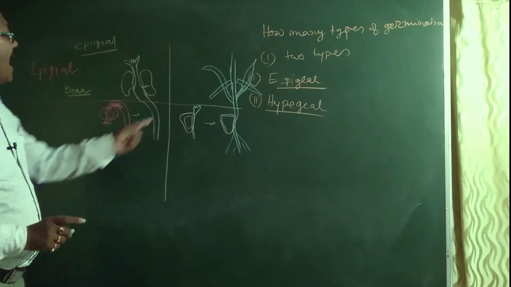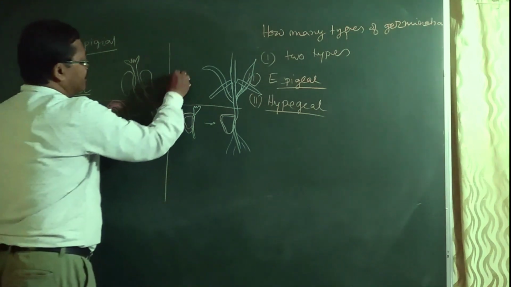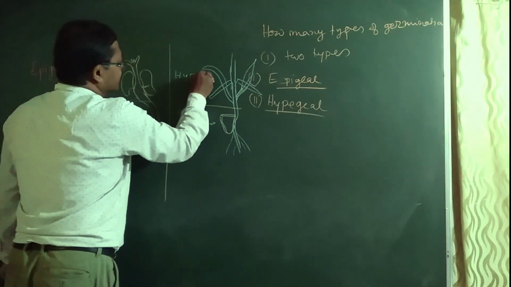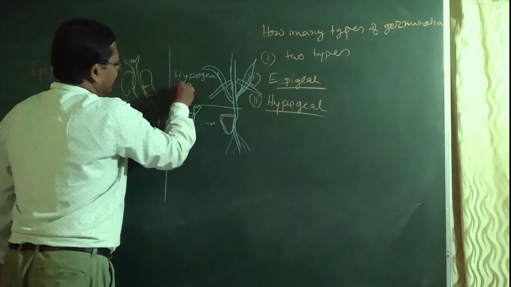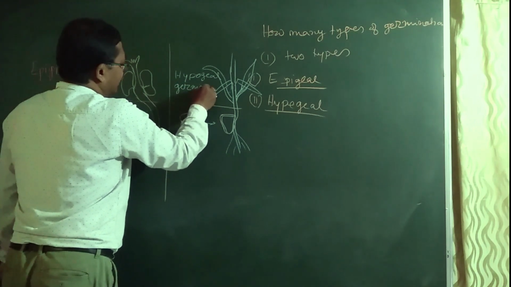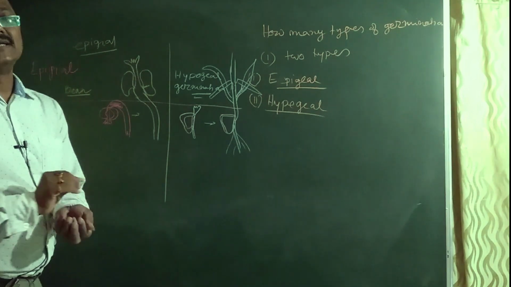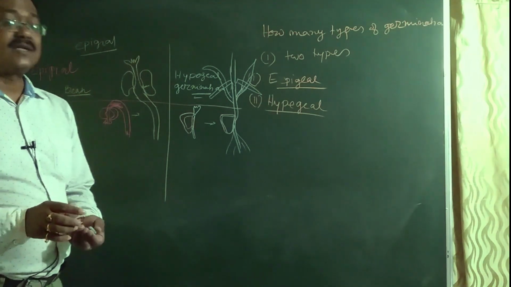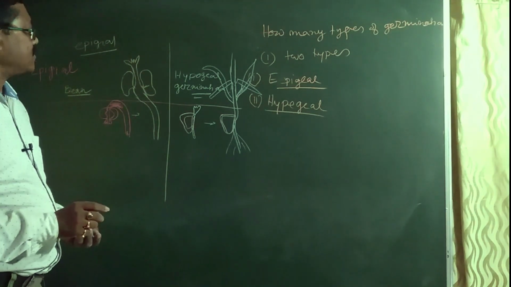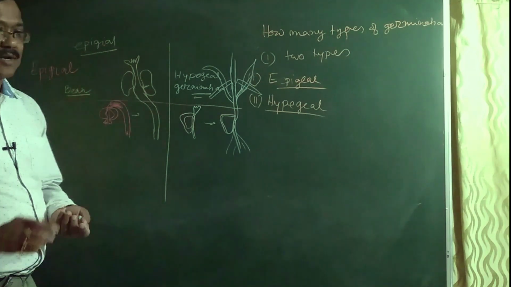This is called hypogeal germination. This is also found in the gram, chola. This type of germination.